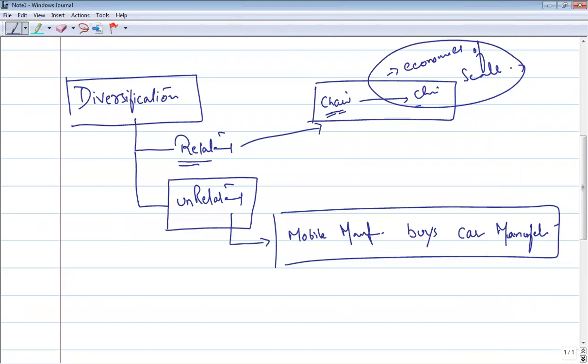To some extent you can say this, but somehow it's again related, because if you are offering electronic appliances, cell phones and any other electronic device will be somehow a related diversification.